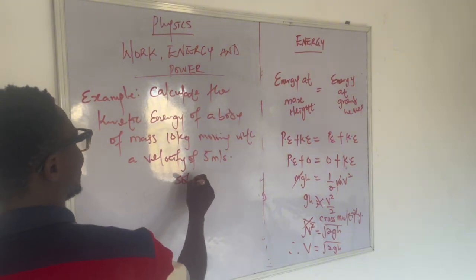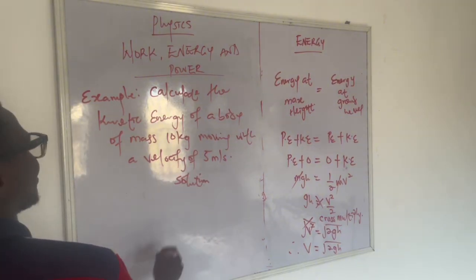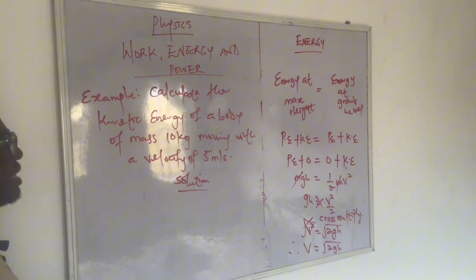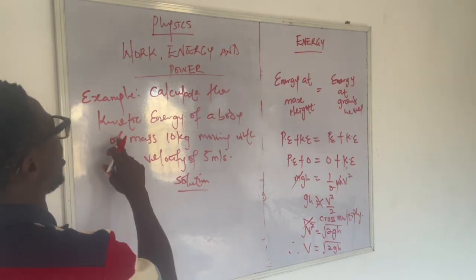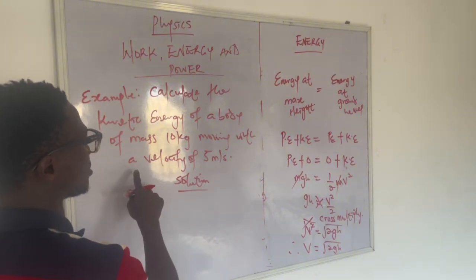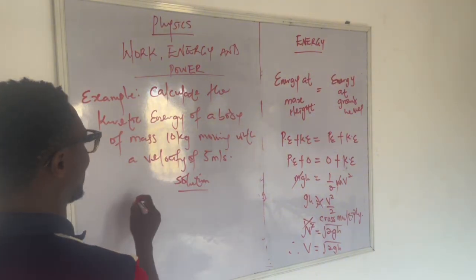Now, this is straight and direct. That is, it said we should calculate the kinetic energy of a body of mass 10 kilogram moving with what? A velocity of 5 meters per second.